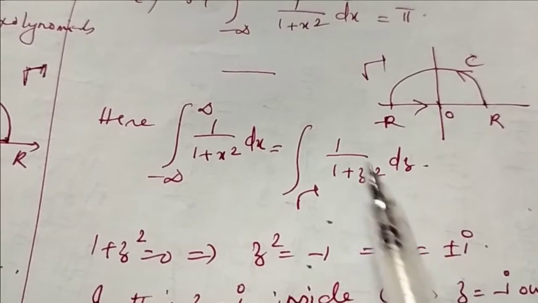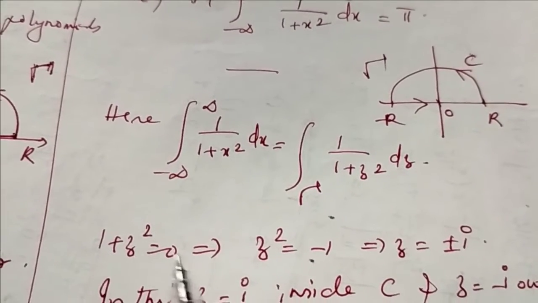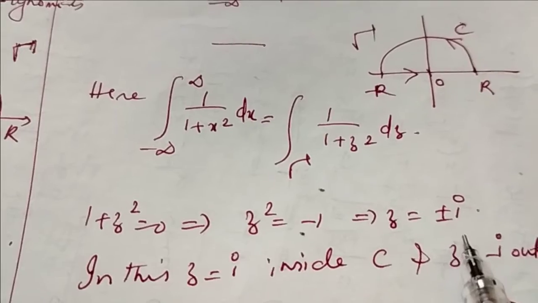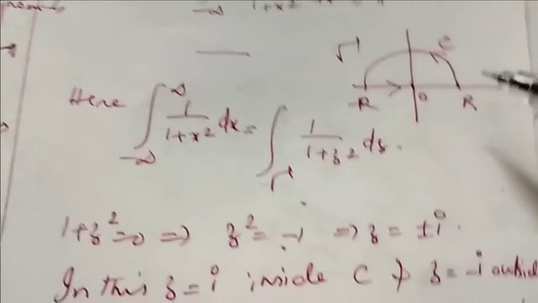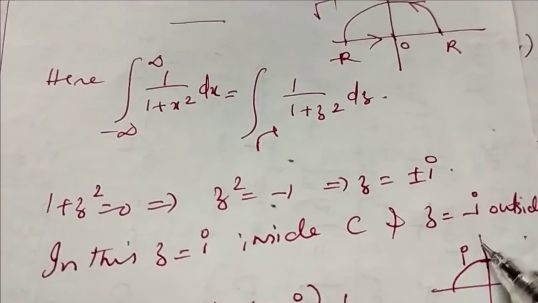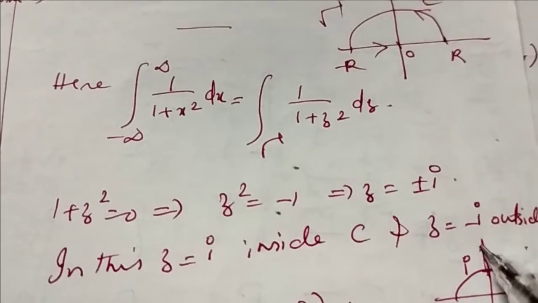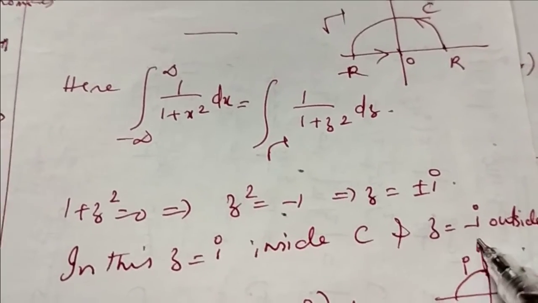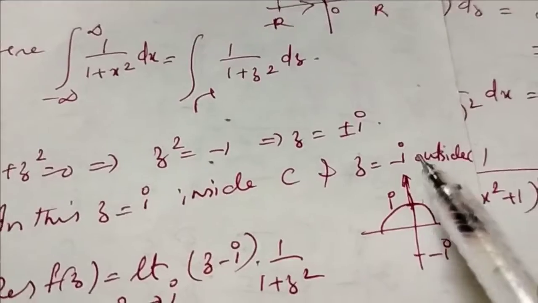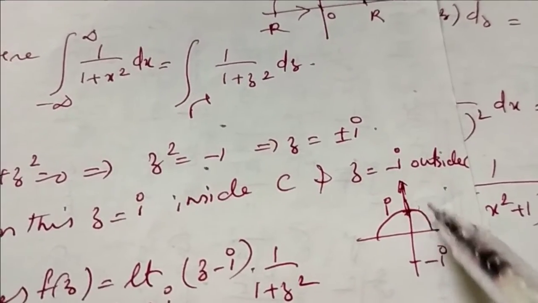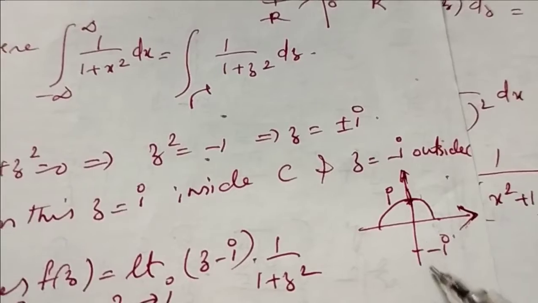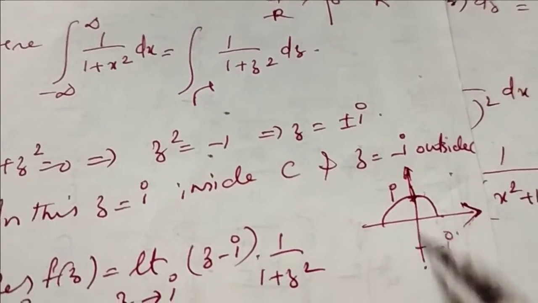And what about the singular points? 1 plus z square is equal to 0 implies z square is minus 1, or z is plus or minus i. Here i lies along the imaginary axis. The x axis is the real axis and the y axis is the imaginary axis. So plus i is on the upper part of the imaginary axis and minus i lies on the negative side.